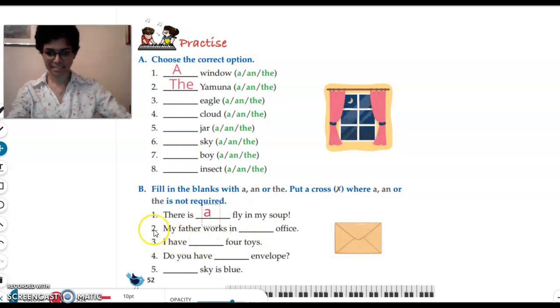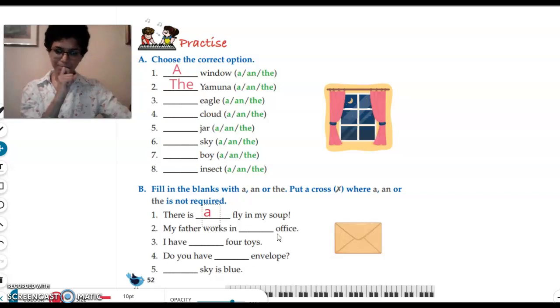Then the next sentence. My father works in dash office. So here the word starts with O. So it is a vowel. O is a vowel, so it can be either an or the.